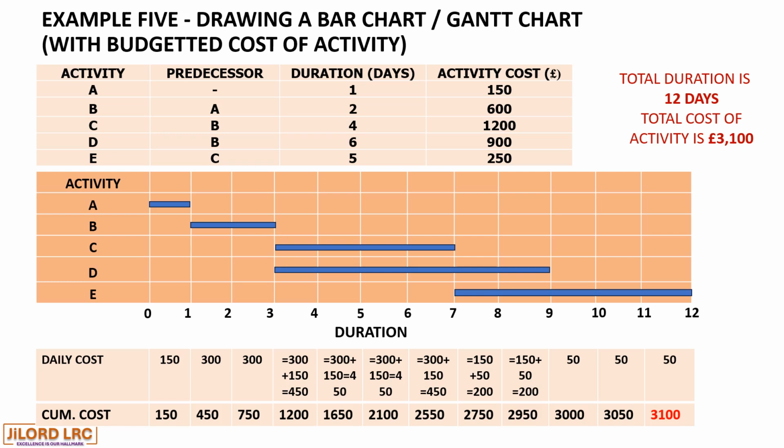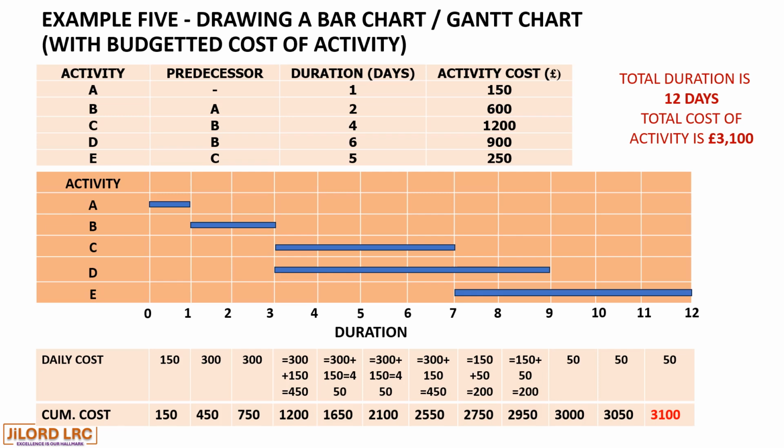On day 5, activity C has a £300 cost, and activity D has a £150 cost, making a £450. That £450 added to the previous day's cost of 1,200 gives us 1,650 pounds at the end of day 5.